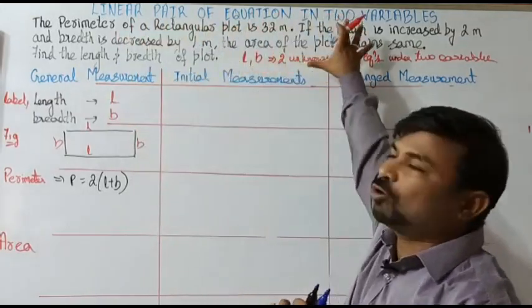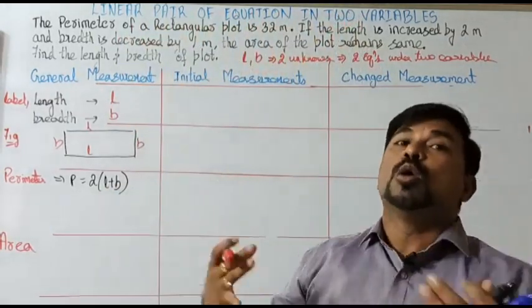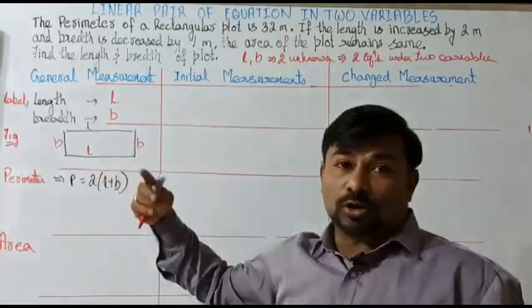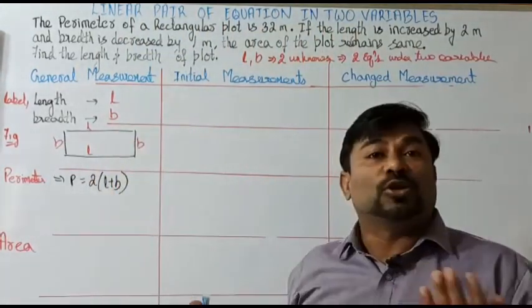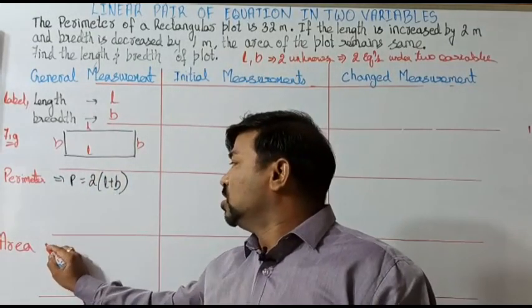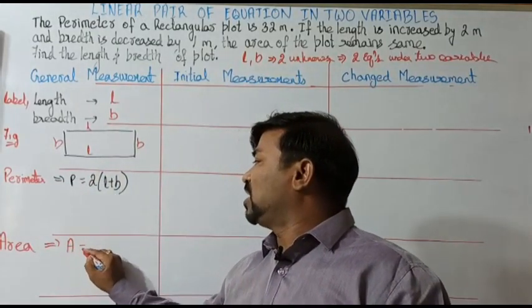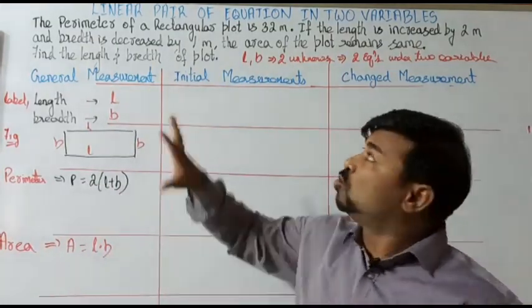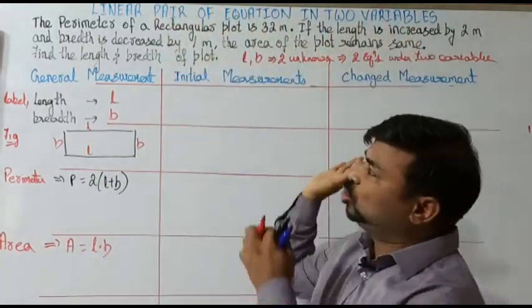Generally, whenever we come across geometrical based sums, we should remember length and breadth, and recall the shape: what's the perimeter of a rectangle, and the area of the rectangle, L into B. These are the general things we have. Now relate the entire question to this.